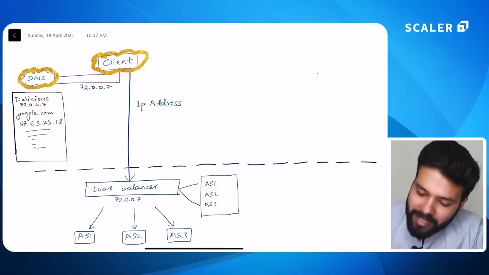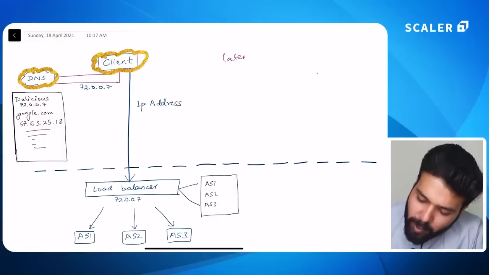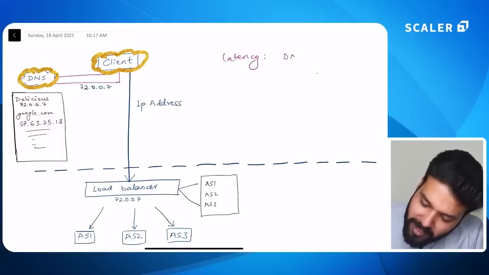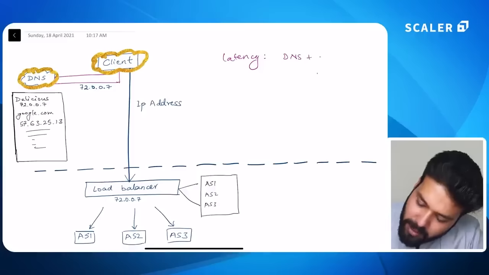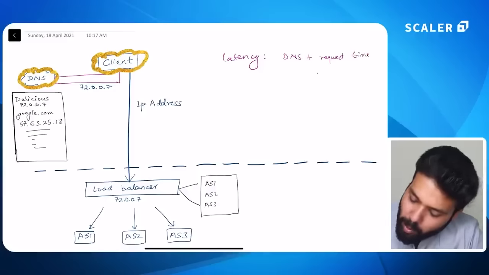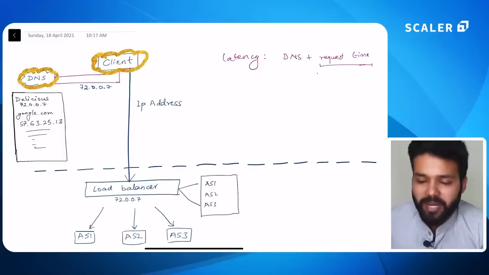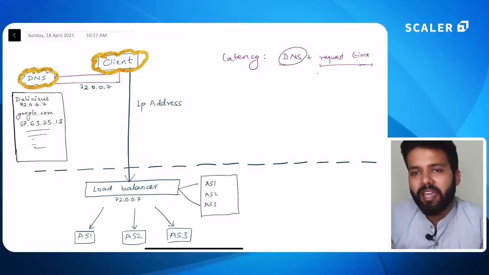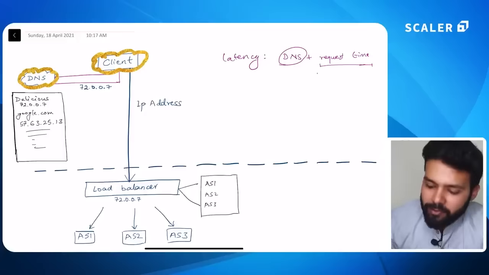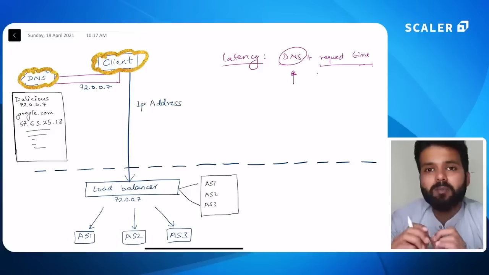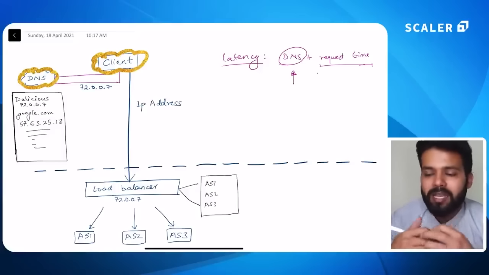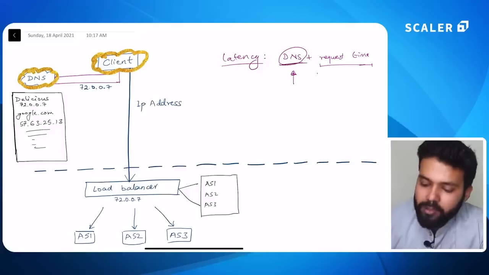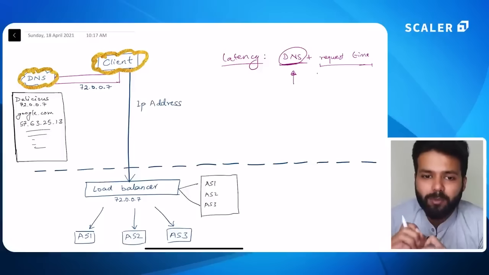What would be the total latency over here? If I have to calculate the total latency of the system, it would be DNS resolution plus the request time. So request time will be application dependent, but the time it takes for DNS resolution is the same for every request on the internet. If this time is high, the overall latency of the system increases. So my goal as an engineer should be that the latency of the DNS resolution is extremely low.